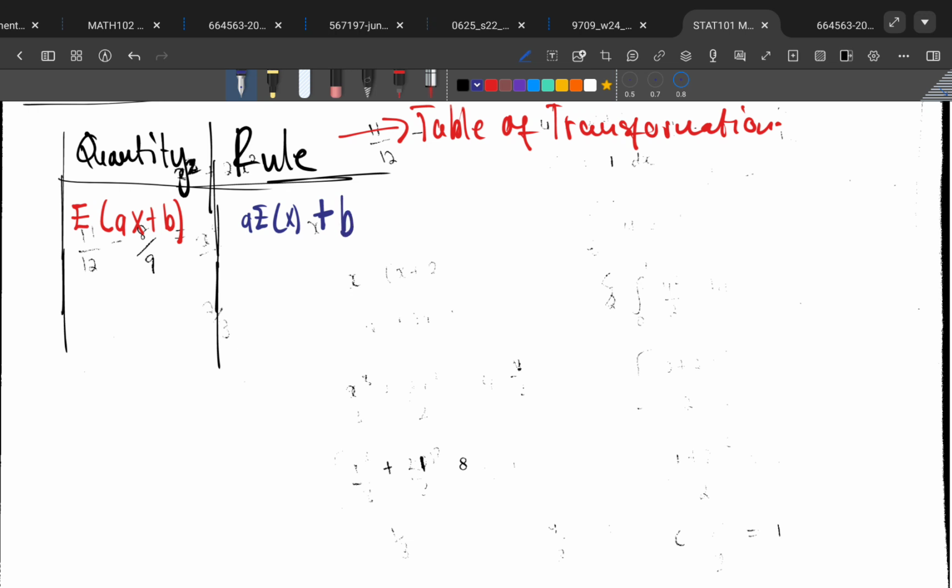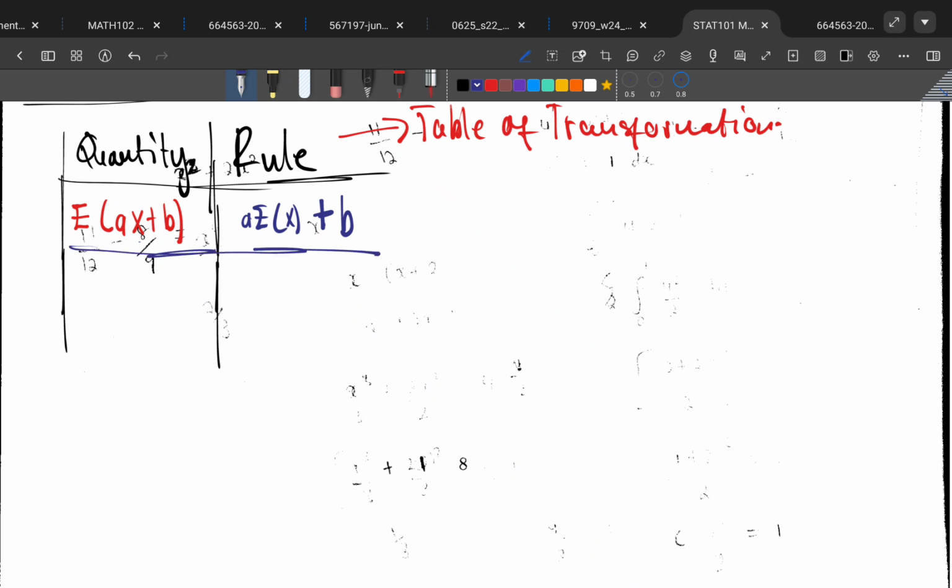Whatever something was doing to x, it is now going to do to expectation of x. So we can see that b was adding to x. Here it is going to add to the expectation. Then we can see that a was multiplying x, and a is going to multiply the expectation. That is what happens.